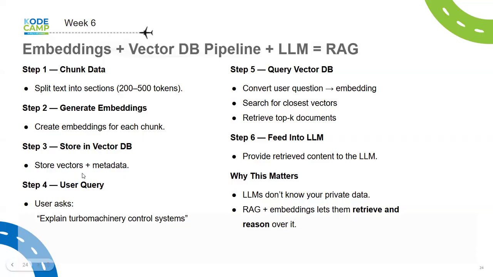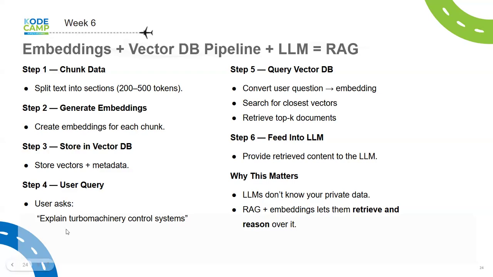Then when the user wants to make queries and ask questions based on that data that has been loaded, this additional information, then you are now on the retrieval side of it. So the user is going to ask whatever the question is, make a prompt. You now take this prompt and generate the embedding for it.